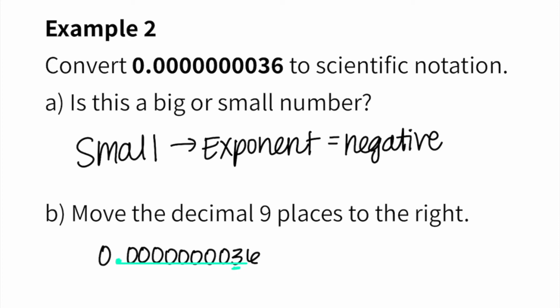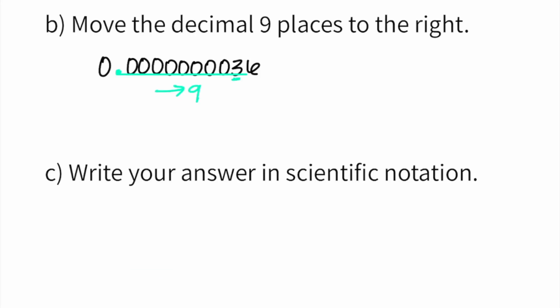So we moved it over 9 places. So how would we write that in scientific notation? It would be 3.6 times 10 to the negative 9.